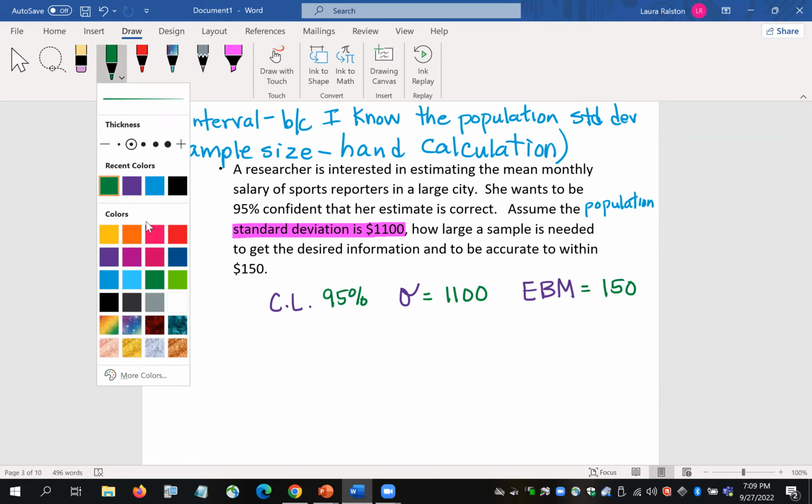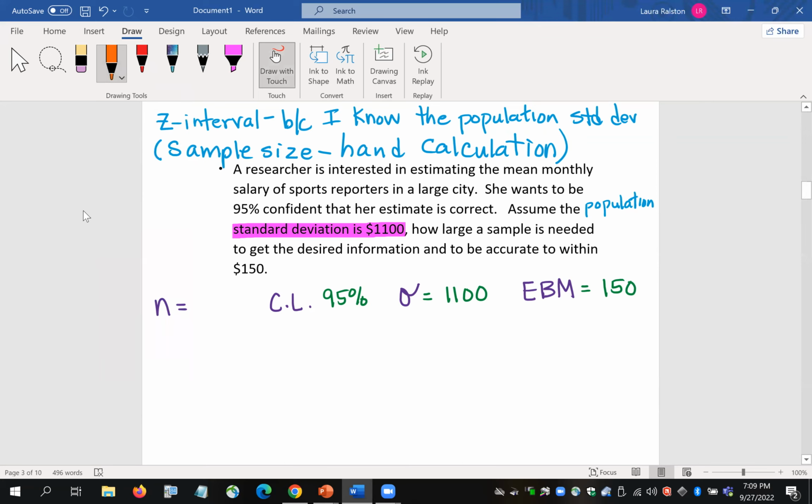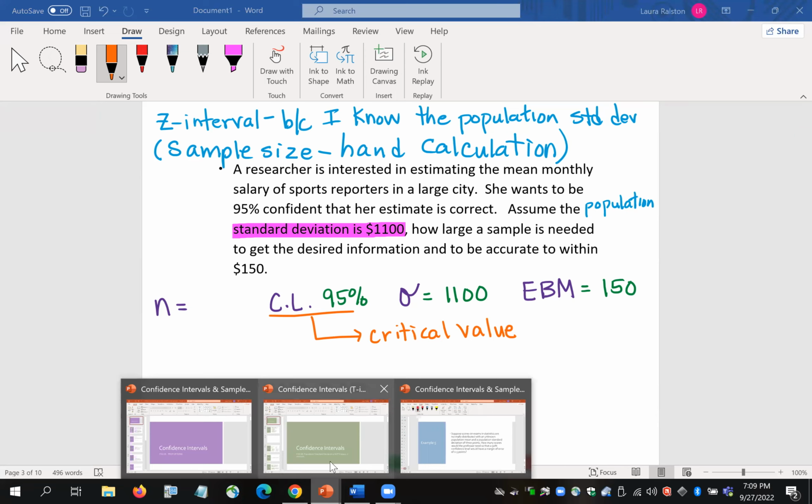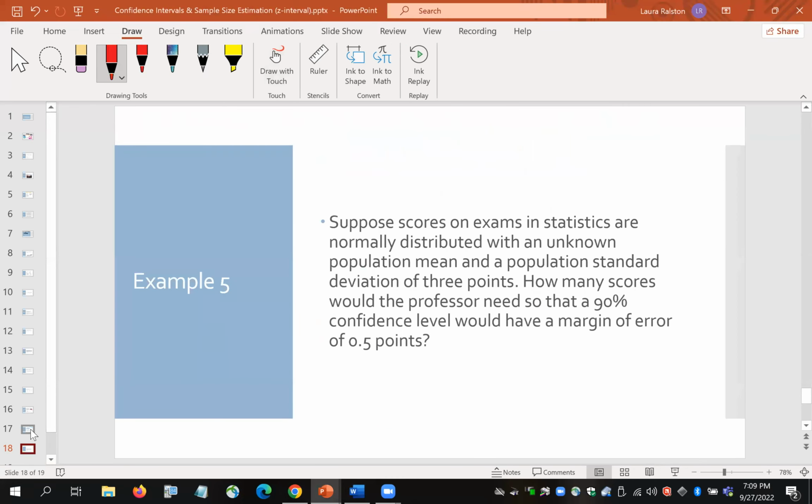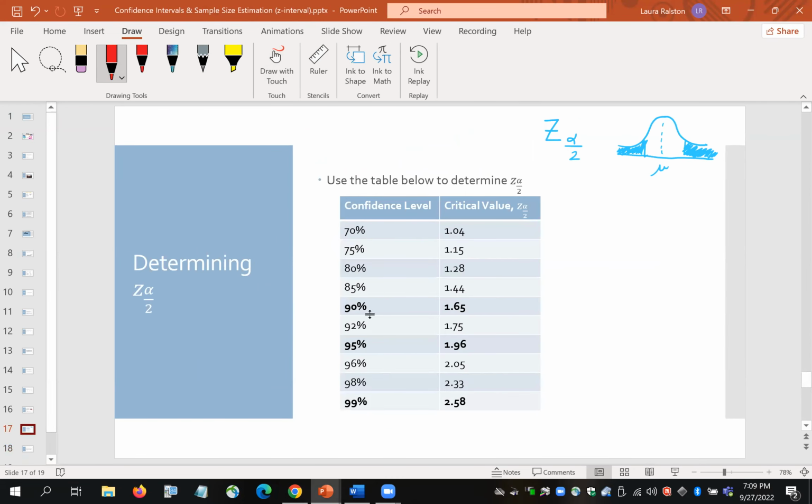The confidence level is important because that confidence level leads us to the critical value that we need in the formula. So if I go back and look at this table, my confidence level is stated in the problem as 95%.